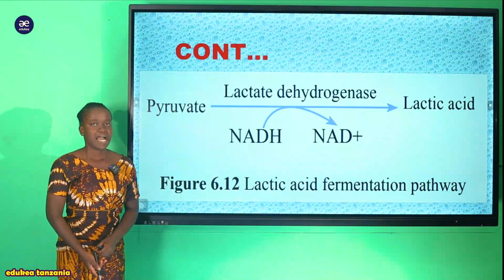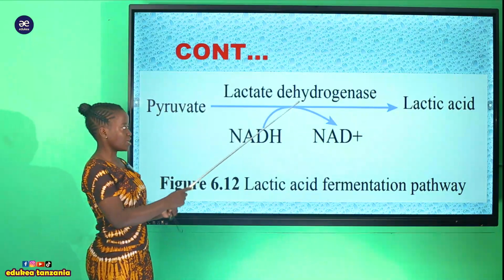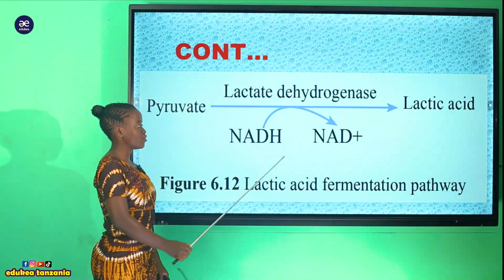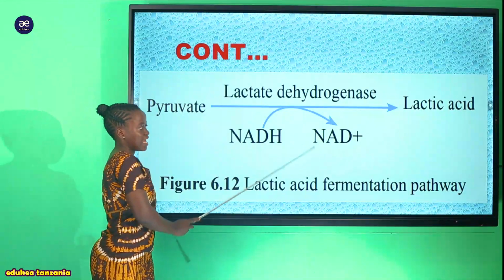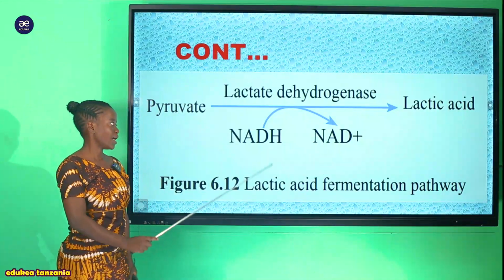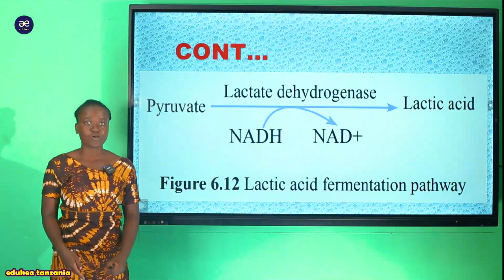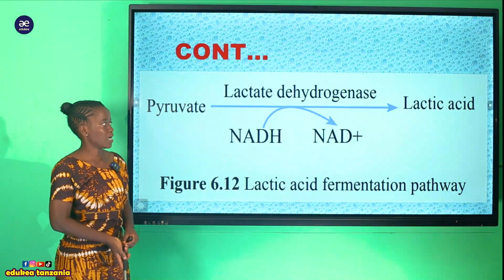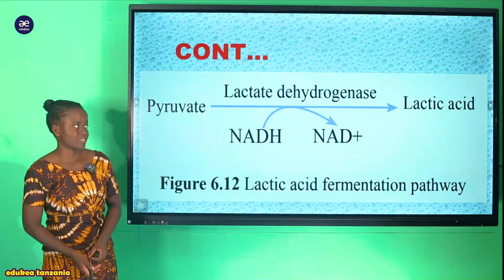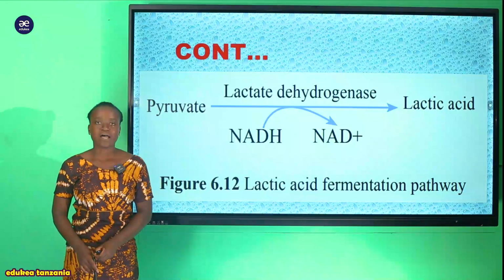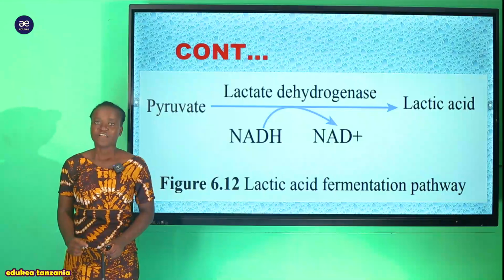So while the enzyme lactate dehydrogenase is used, we are also using the NADH so that we can form the NAD positive. So we utilize this hydrogen, meaning that there is production of energy over there. So now umeona hapo tumeweza kupata hiyo lactic acid. So that is how the lactic acid is formed from the lactic acid fermentation.